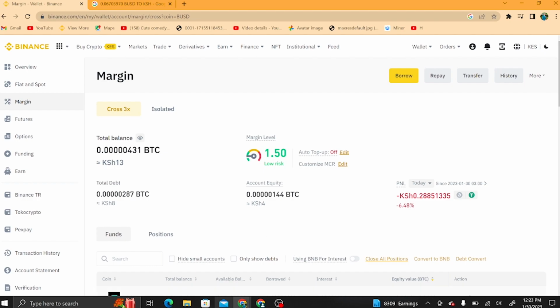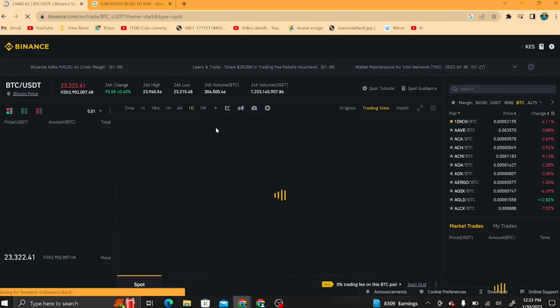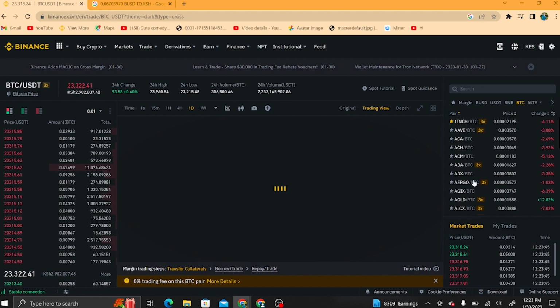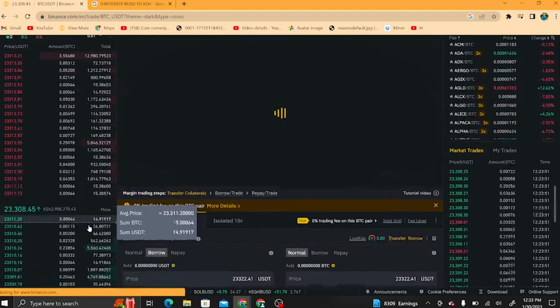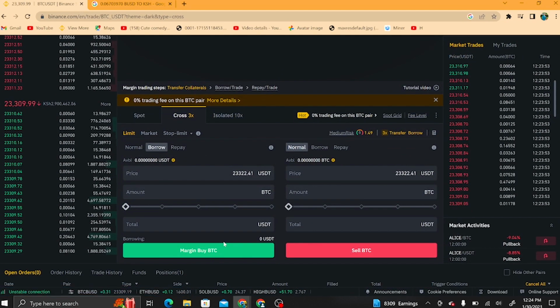So all you have to do to start trading at a zero BUSD interest rate is go to Trade and then click Margin. When we are trading on the margin, it means we are going to have the zero interest rate when borrowing money, because on the margin you can borrow some money from Binance to trade, but you normally have to pay interest.